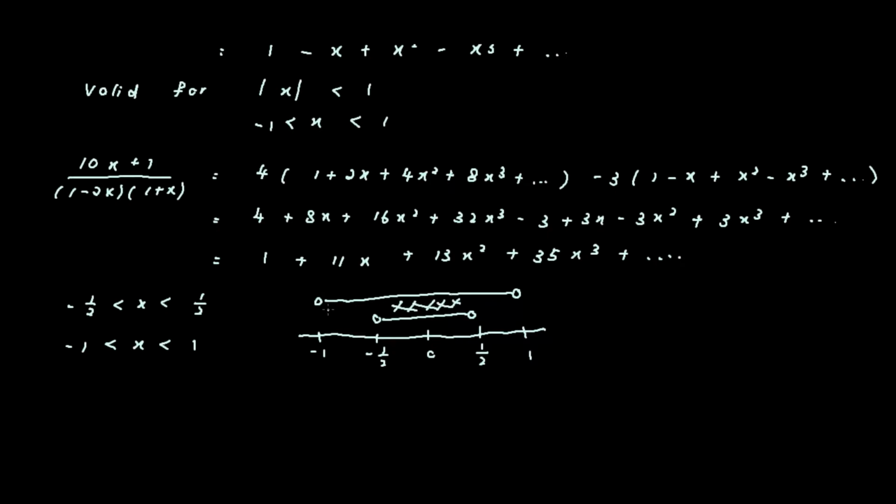Because if you take outside, it satisfies the second one but not the first one. So this is the part that we want. So valid for negative half up to 1 over 2. This is how we identify. This one is the final range that we have for this expansion.